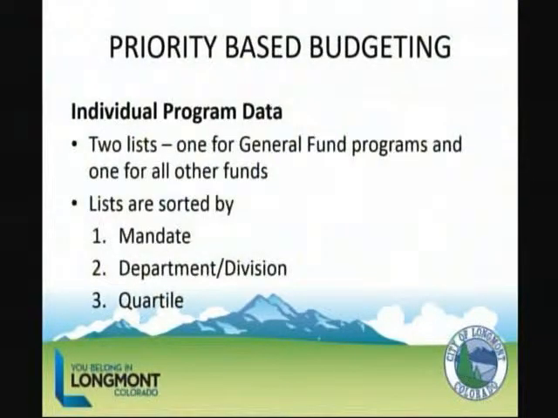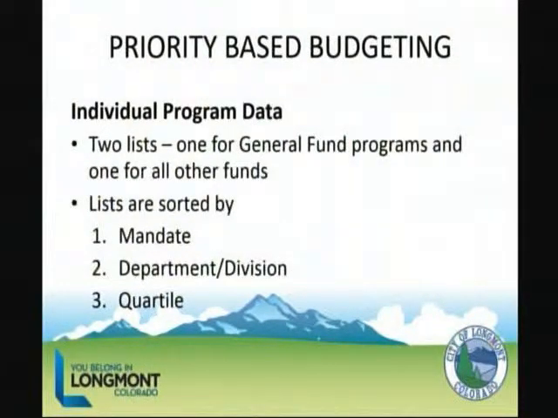Now, the programs on these lists are sorted first by the mandate level. If you look on page 16, the first page, on the far left column, the mandate to provide the program is federal or state, which is the highest mandate. It's the 4 mandate. So we've sorted them first by the highest mandate to the lowest mandate.